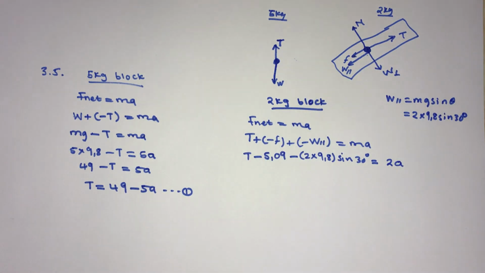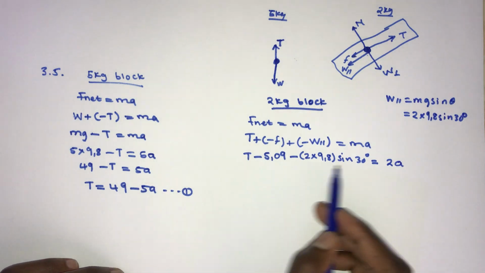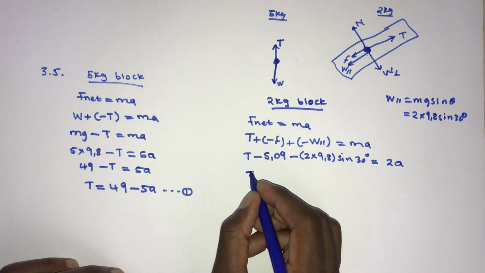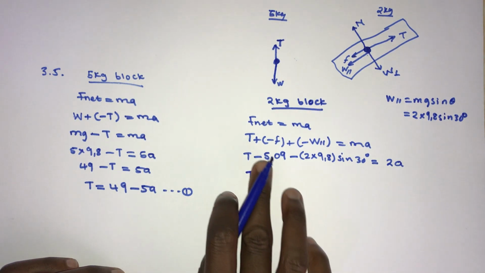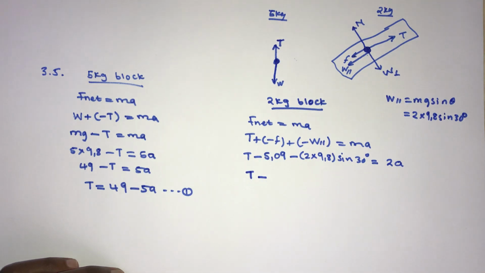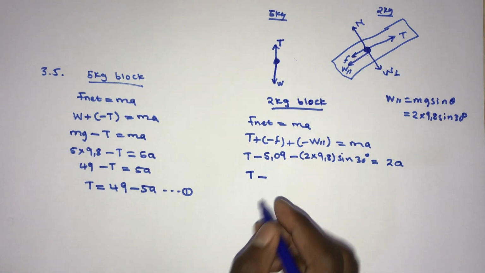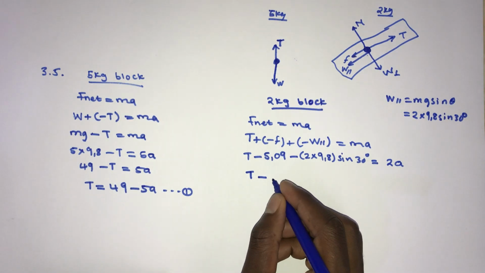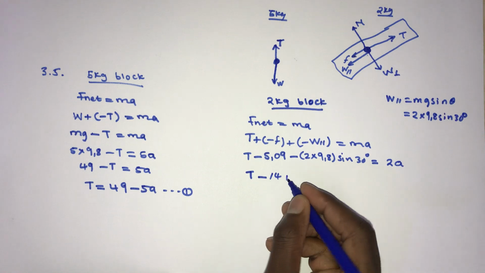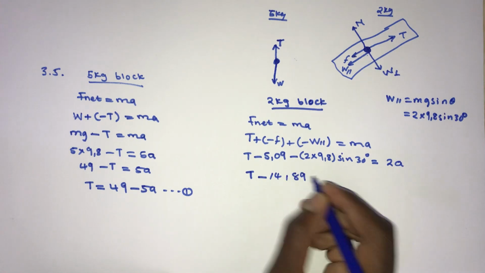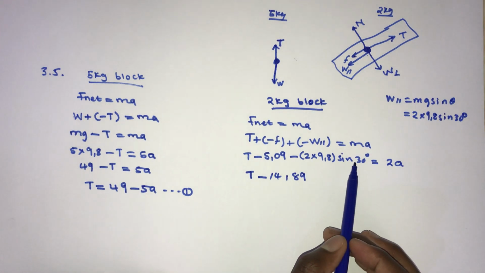Then a. So when we punch the calculator here, T minus negative plus negative gives us negative 14.89. That means this one is 1 over 2.